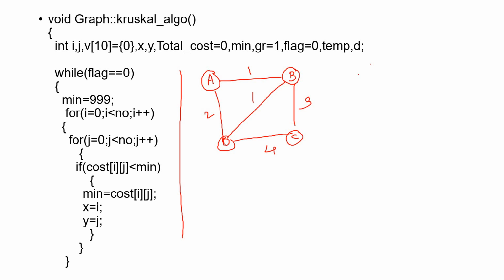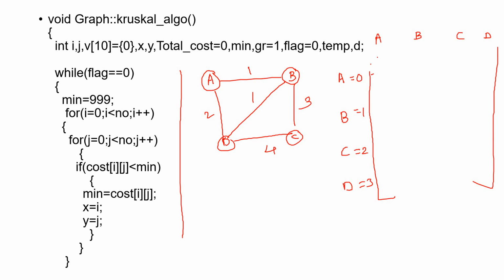So let's store those weights in the adjacency matrix, because we're going to store that with the help of the create graph method. So let's say ABCD, and its row values are 0, 1, 2 and 3. And the column values are the same, because 4 rows and 4 columns are there. So column names are also A, B, C and D, which will be 0, 1, 2 and 3.